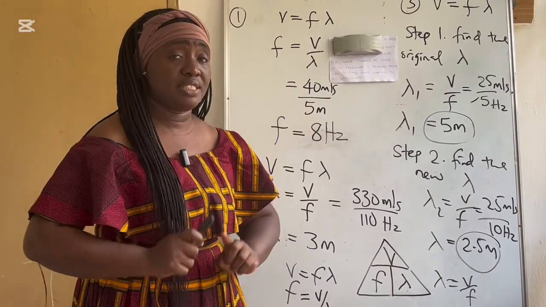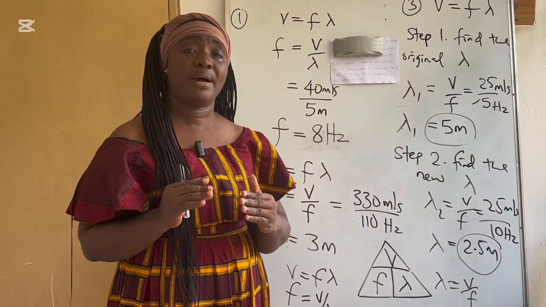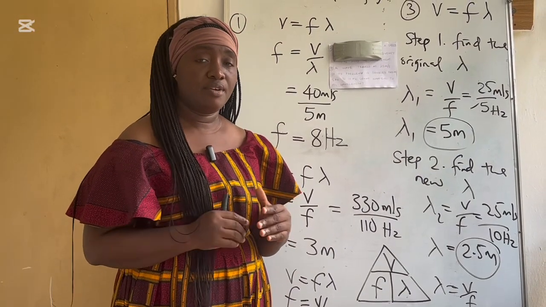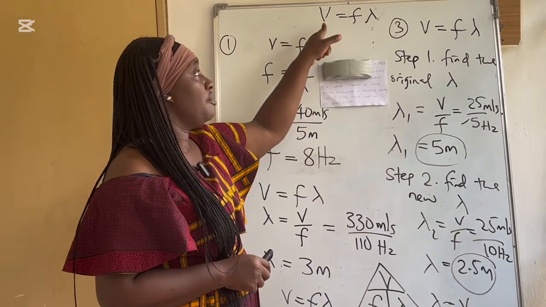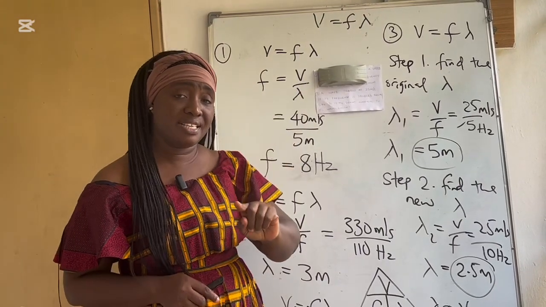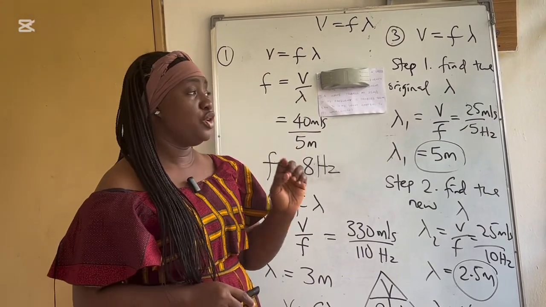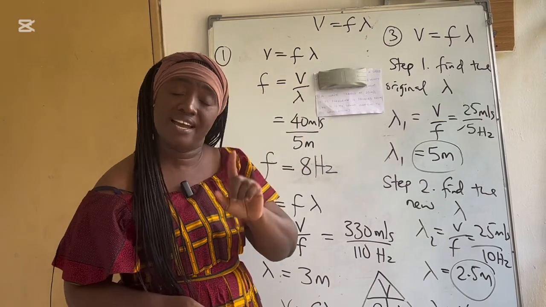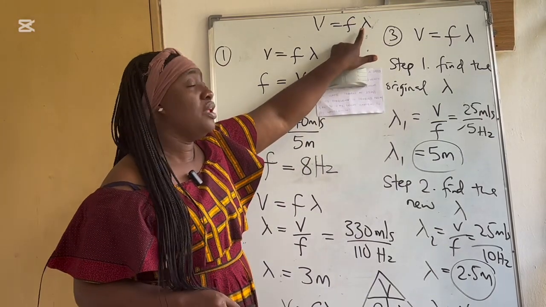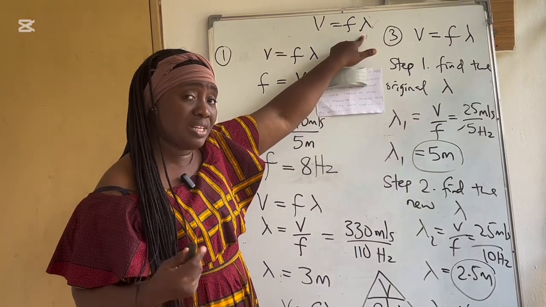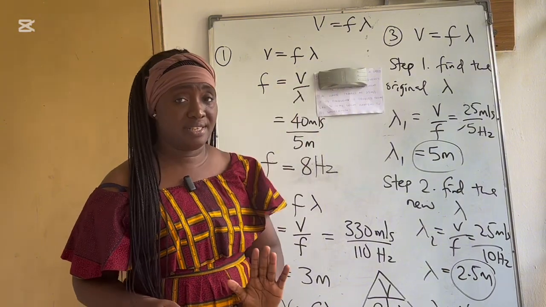And another important thing you need to understand is to remember the units. The unit for wave speed is meters per second. The unit for frequency is the hertz. The unit for wavelength, which is also lambda, is meters.